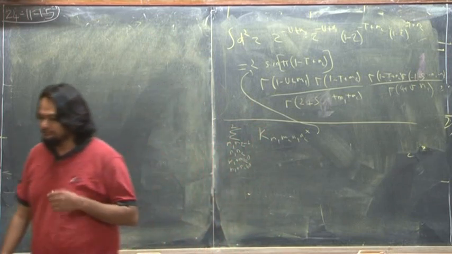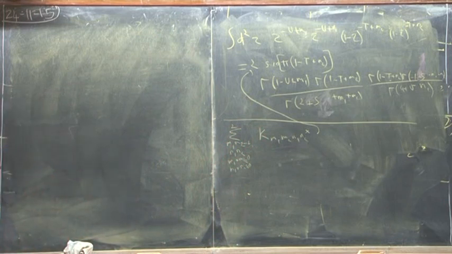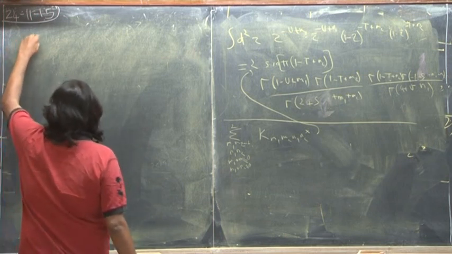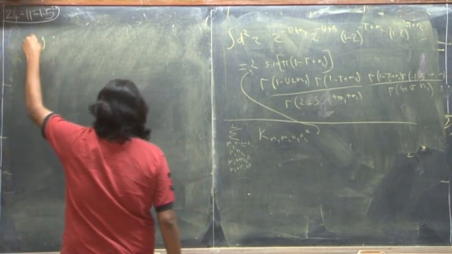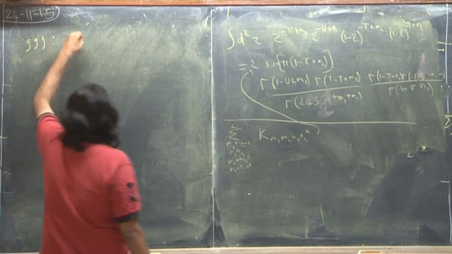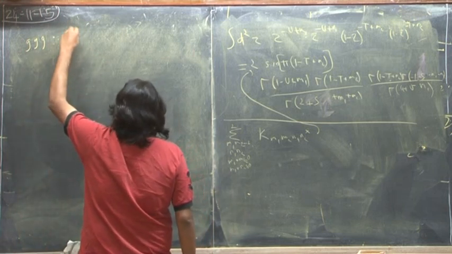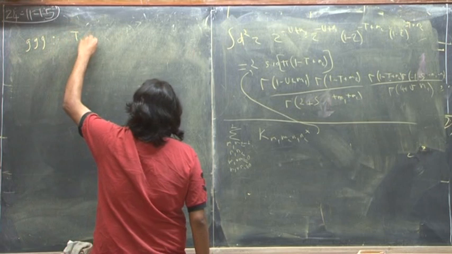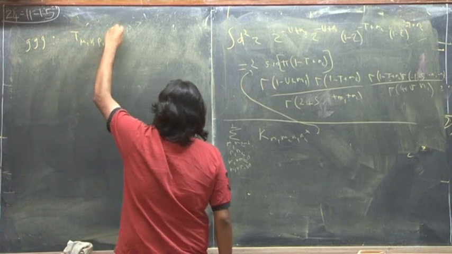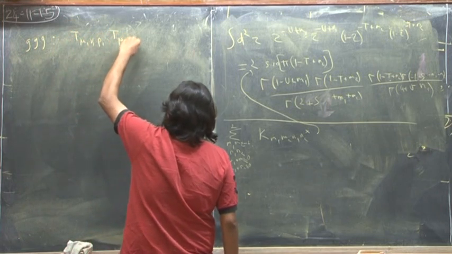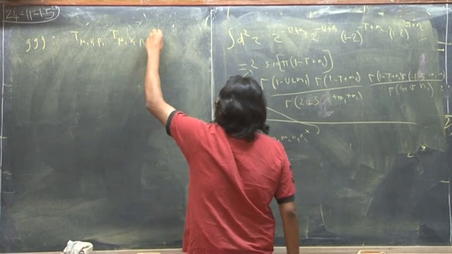I actually never calculated the graviton residue, but I did calculate the gluon residue, and basically it's just the GGG three-point function, it's of some form T mu1 nu1 rho1, T mu2 nu2 rho2.